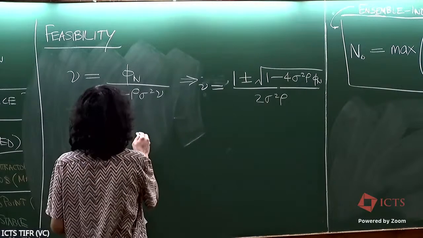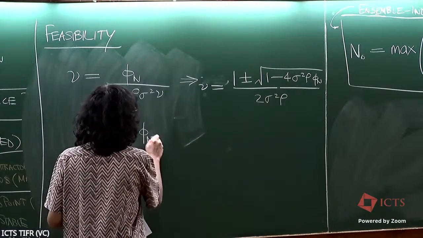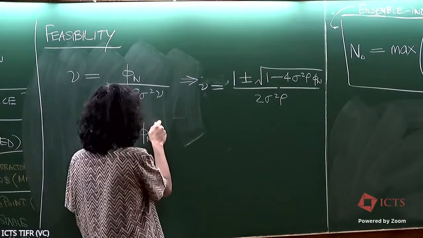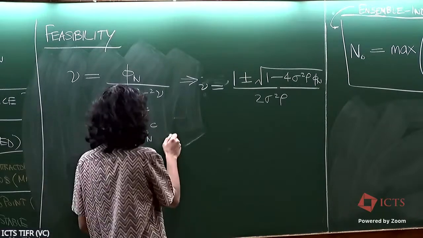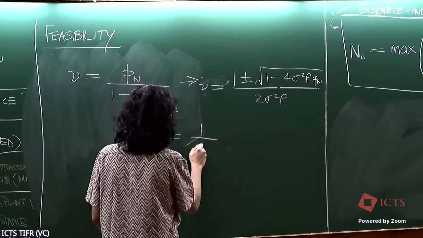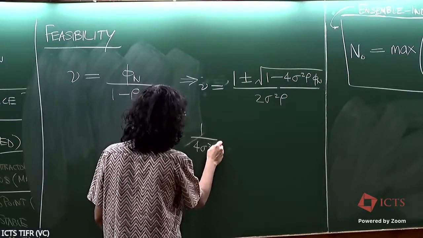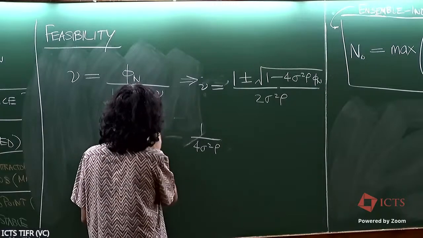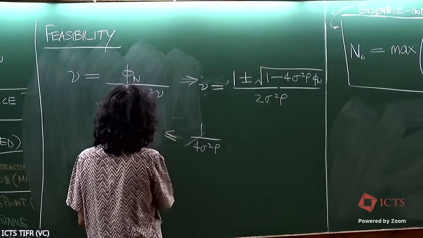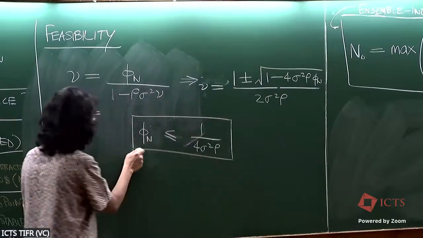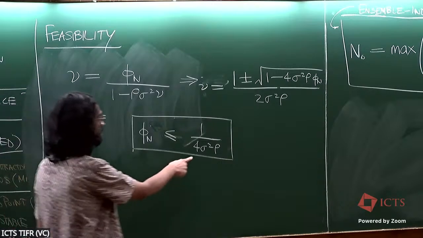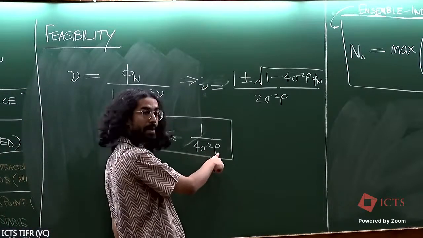So this phi n has a limit. There's a critical phi n, which is 1/4 sigma square rho. And really, phi n should be less than or equal to this number. That's a parameter that we chose.